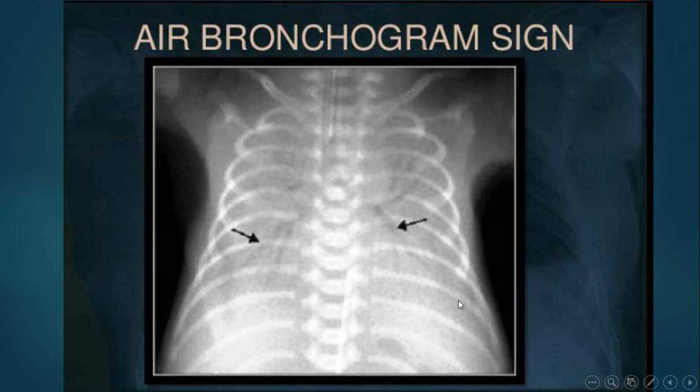They are white, not black, because they are consolidated, because the alveoli do not contain air, they contain exudate. And you can see this line here, which is an endotracheal tube going to the trachea, and within this white lung on the right and on the left, you can see these branching dark lines. These are the air bronchograms.